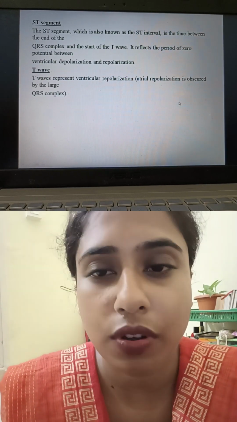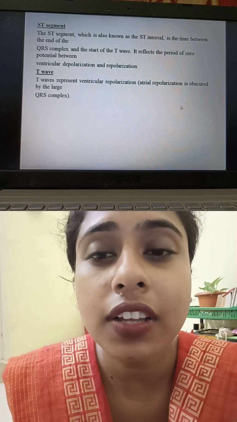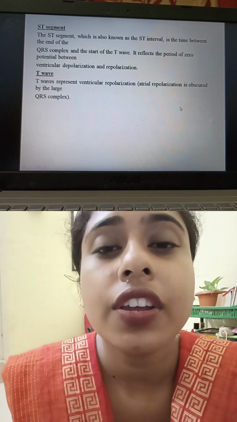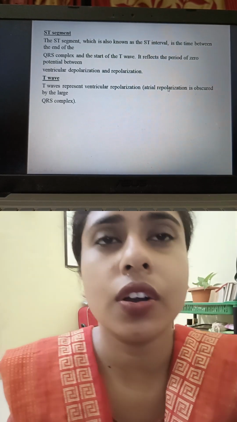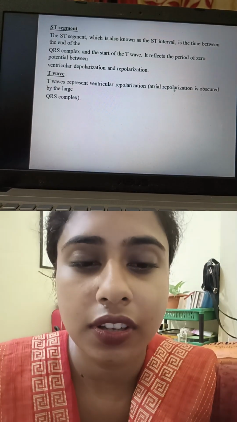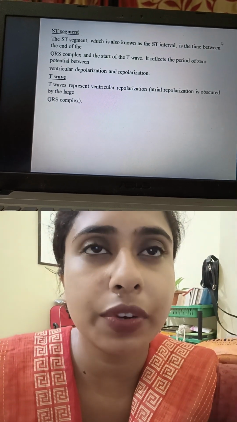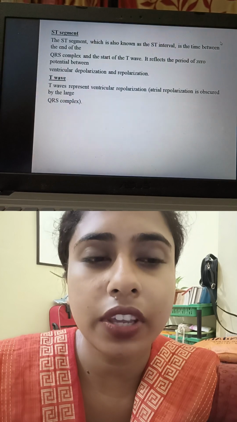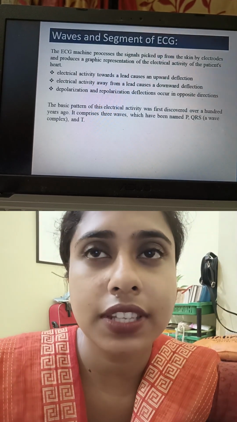These are all about the basic interpretation of ECG. We have already discussed the waves and segments. Next, the leads of ECG: there are 12 leads and 10 electrodes, and the Einthoven's triangle.